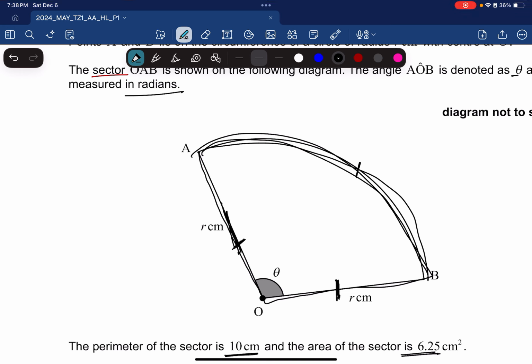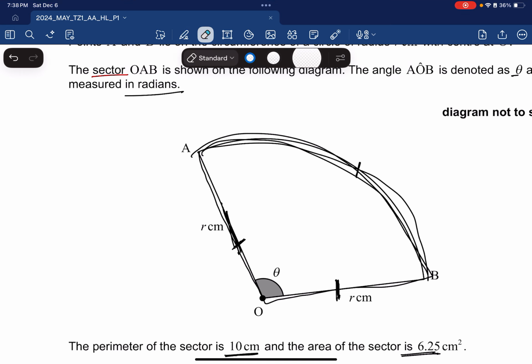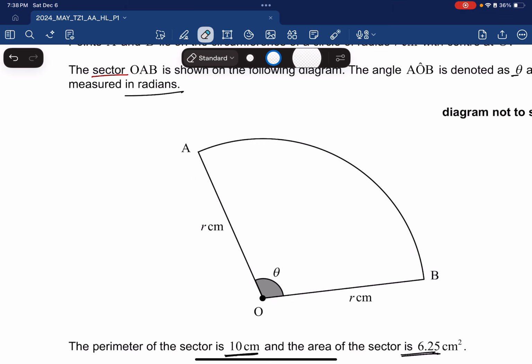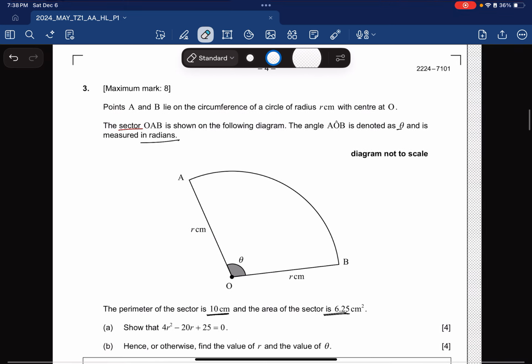But hey, I don't know what this arc length is, but I know something. I know that I can find the arc length given a certain formula, right? So that's what I'm going to be doing. I'm going to be going over here on my IB formula booklet and try to find where the arc length of a sector is given.